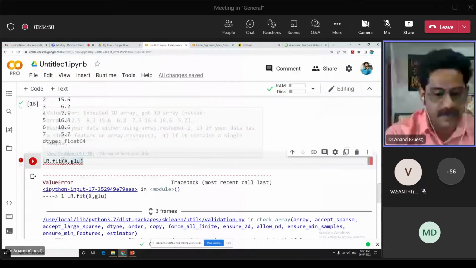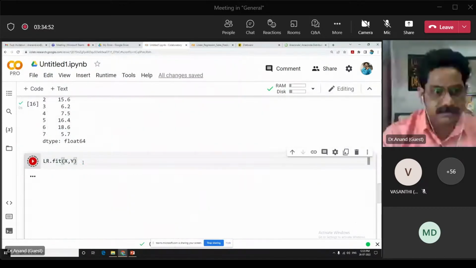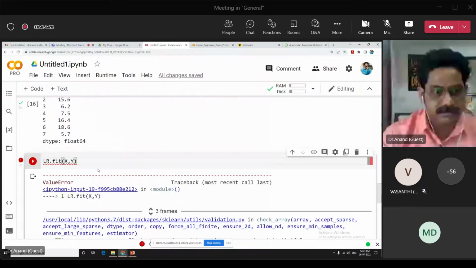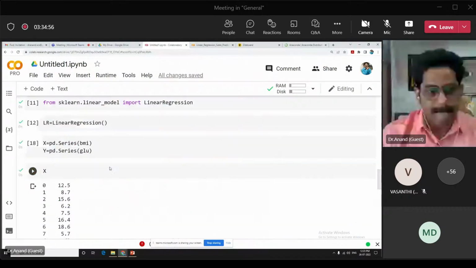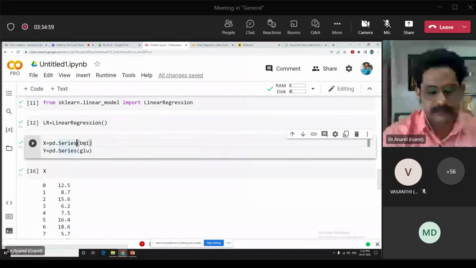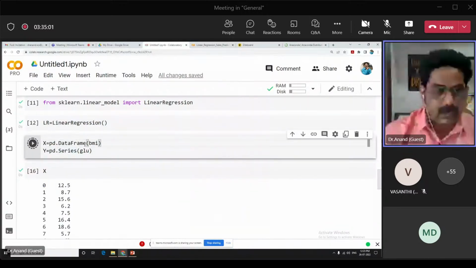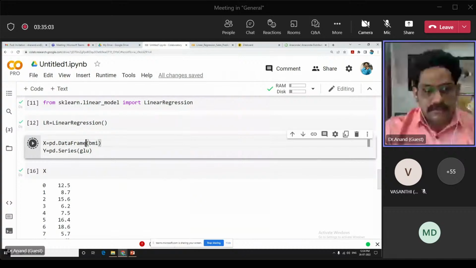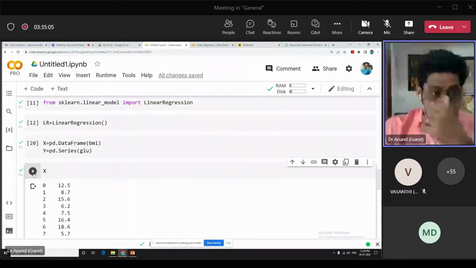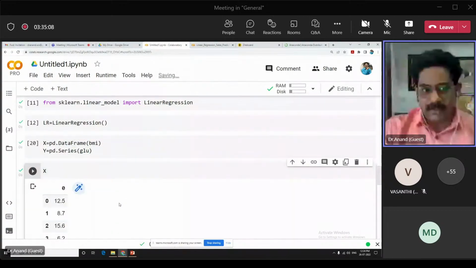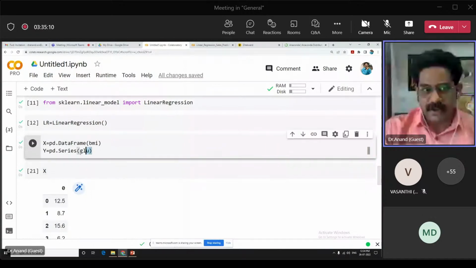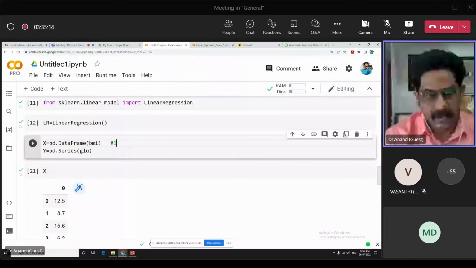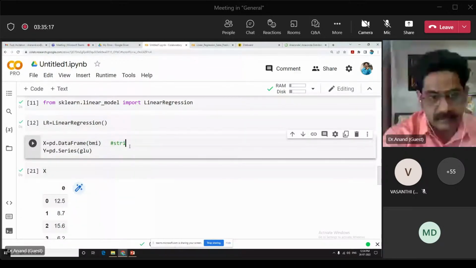So here let me pass x and y. x has to be defined as 2-dimensional strictly. y can be 1D or 2D. Okay, here I can make a comment. x can be strictly a data frame. That means a 2-dimensional format.